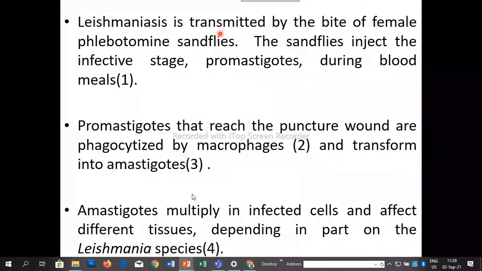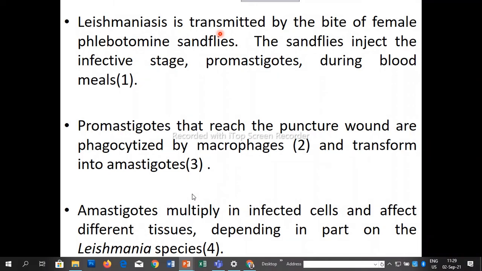Leishmaniasis is transmitted by the bite of the female phlebotomine sandfly. This sandfly injects the infective stage promastigote during a blood meal.